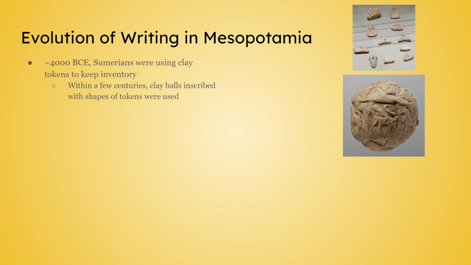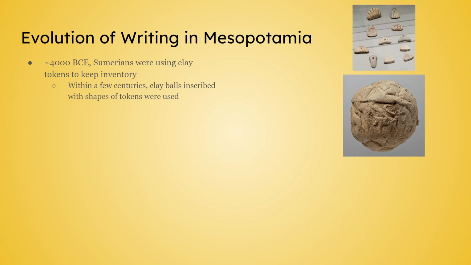And this brings us to the evolution of writing in Mesopotamia. By around 4000 BCE, Sumerians were using clay tokens to keep inventory.